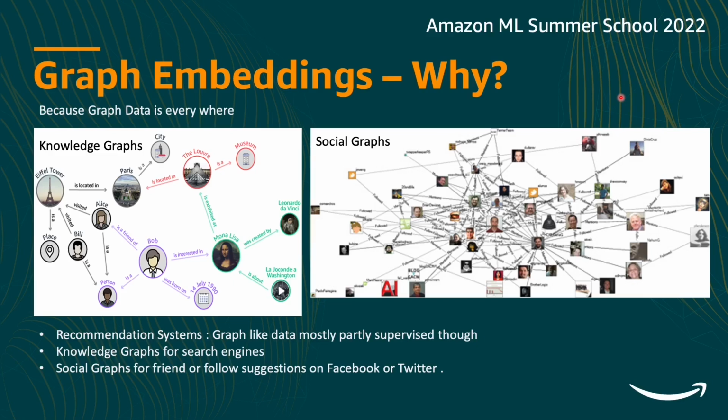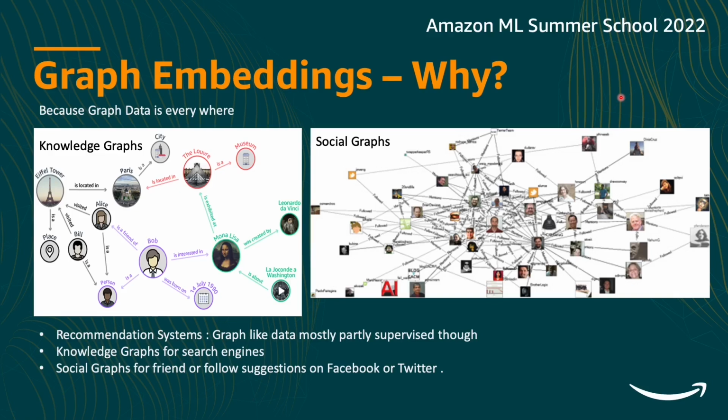Graphs are basically useful to capture different interactions between different objects. And given that all things are constantly interacting with each other, it makes the graph a very useful and ubiquitous data structure.